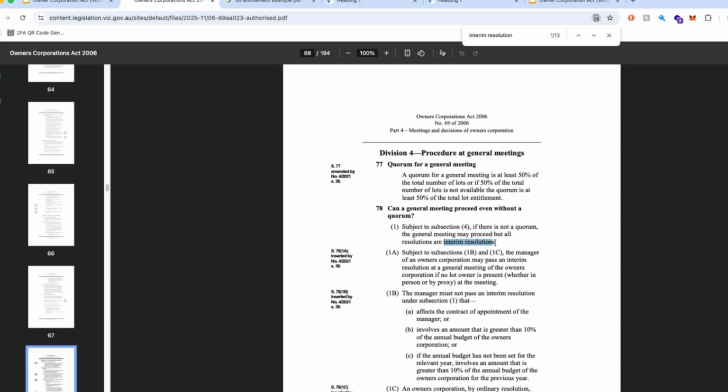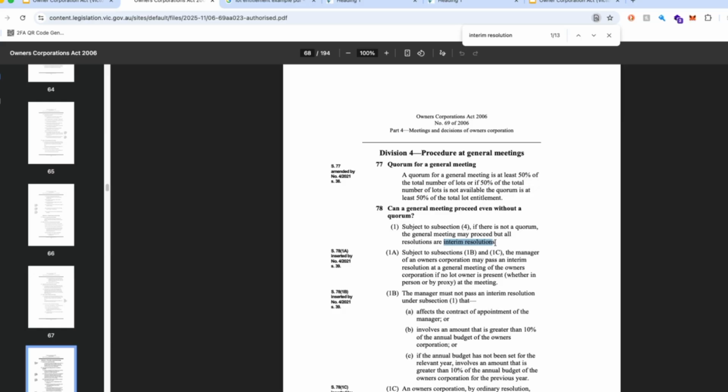Then that item will be an interim resolution. Interim, the word speaks for itself, like a temporary resolution.